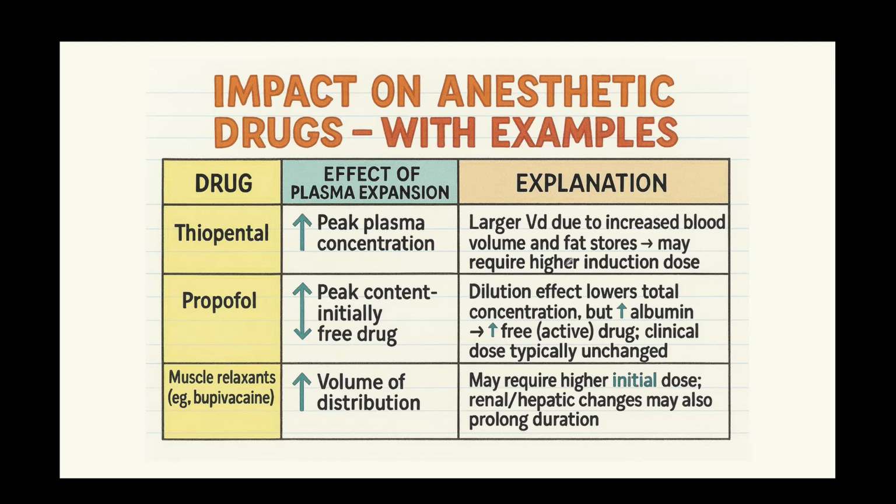For example, in case of thiopental, the effect of plasma expansion is increased peak plasma concentration. This is due to the large volume of distribution and increased blood volume, and fast circulation. So you may require a higher dose to induce.